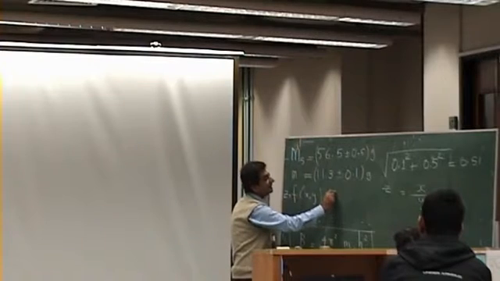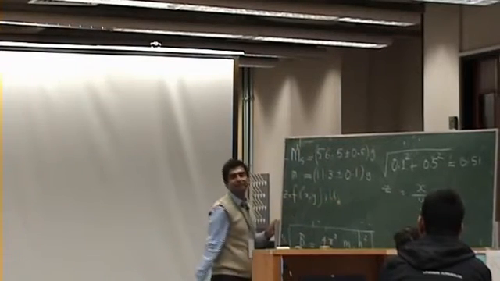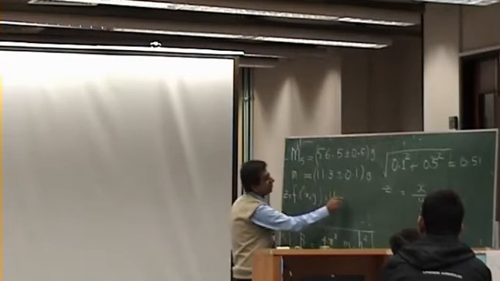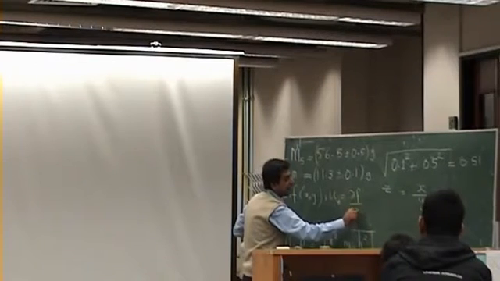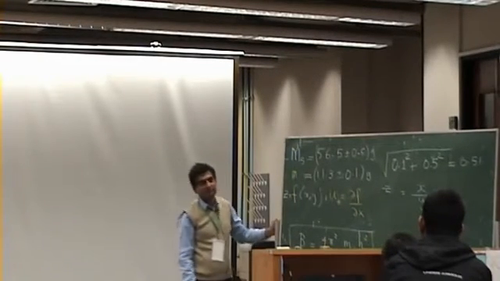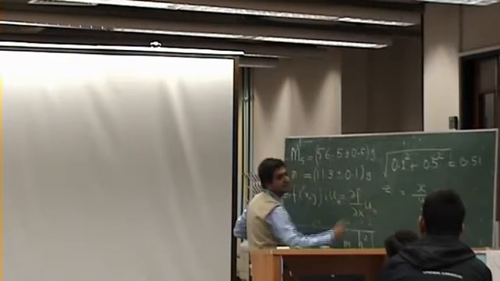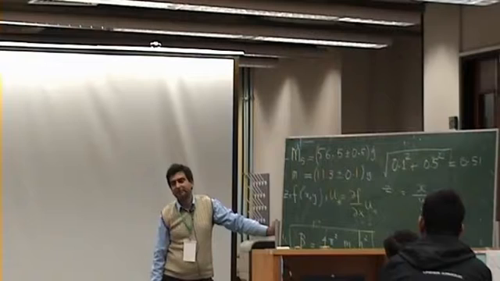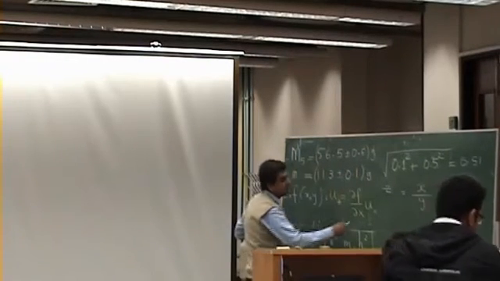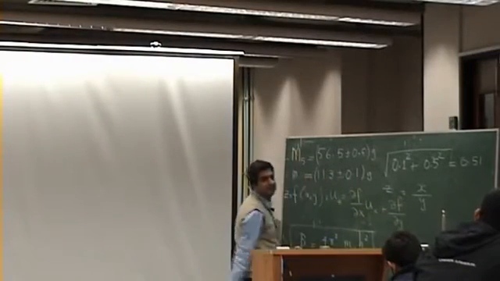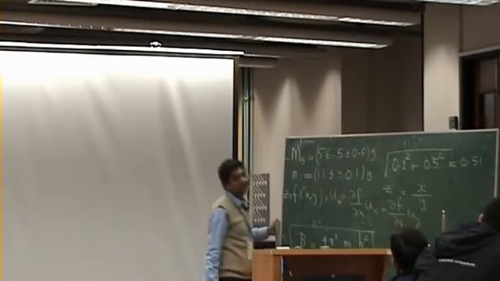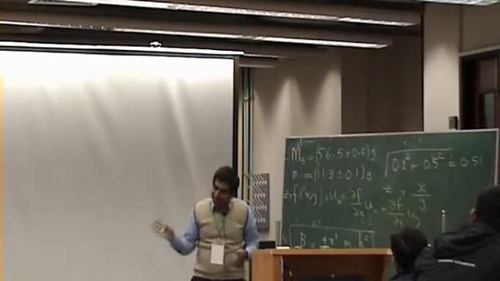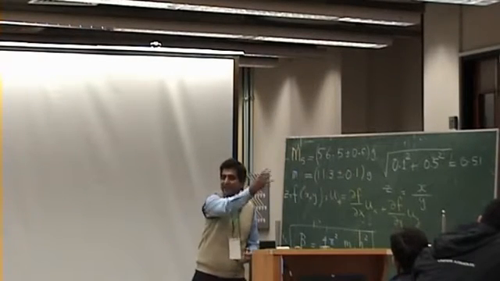If I want to find the uncertainty in z, then what I need to do is find the derivative of f with respect to x multiplied with the uncertainty in x, plus the derivative of f with respect to y into the uncertainty in y. And if there are more terms, you do it for all the terms, x, y, k, j, everything.